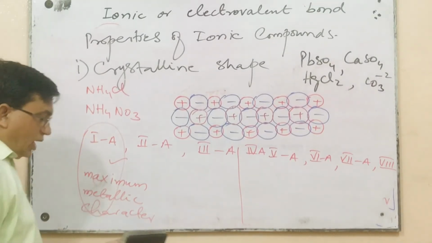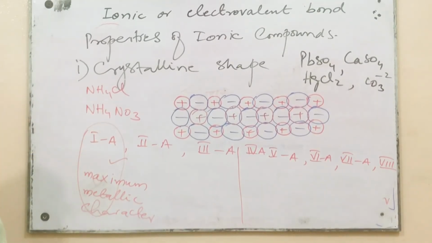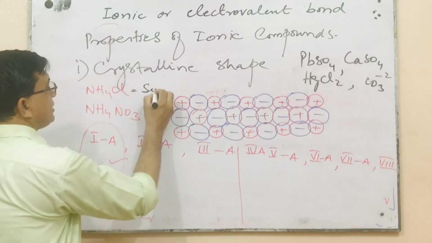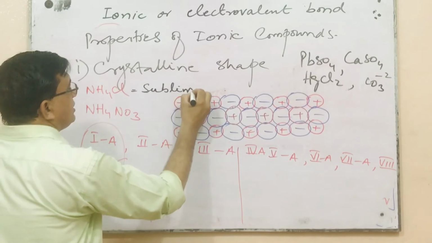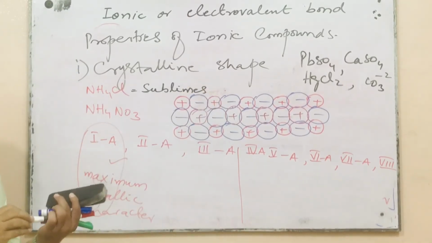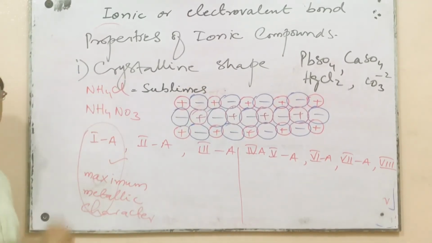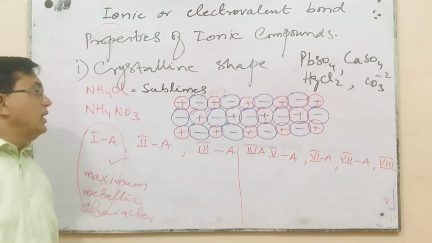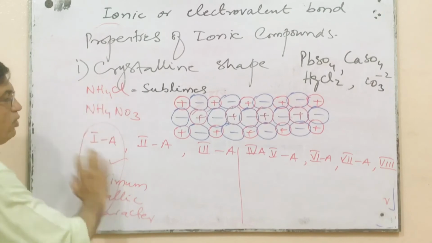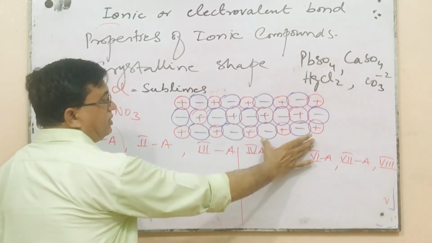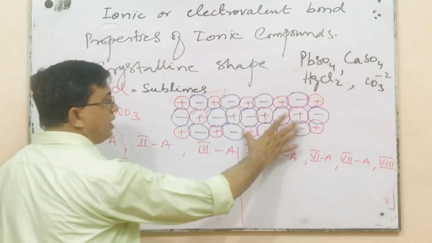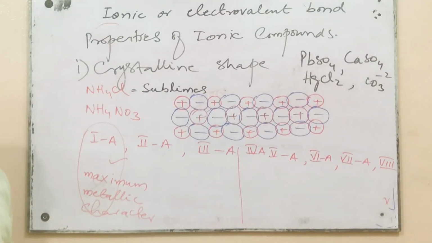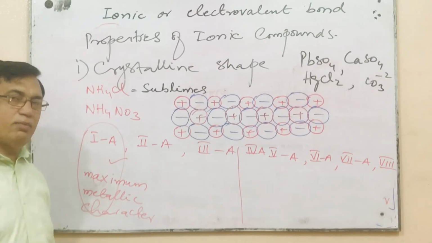Now, as compared to other ionic compounds, ammonium chloride sublimes. It means that whenever heat energy is provided to ammonium chloride, it will change into vapors. It means that this ionic compound is an exception. Other ionic compounds have very high melting and boiling points, while ammonium chloride has a little less melting point.